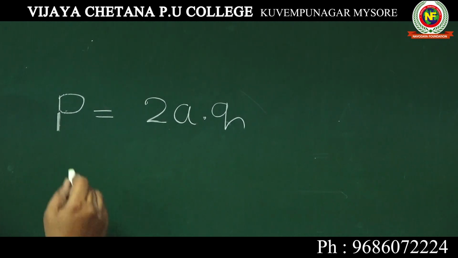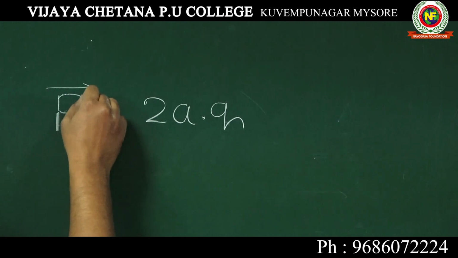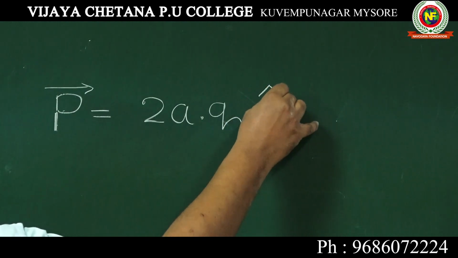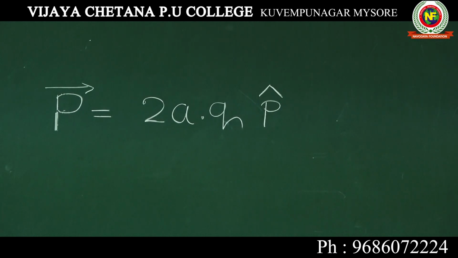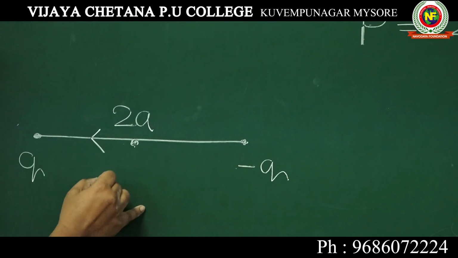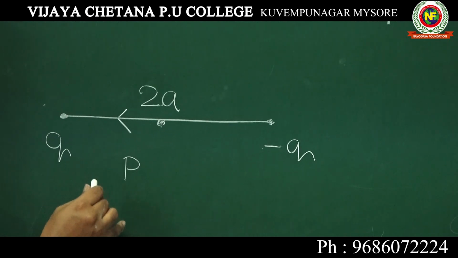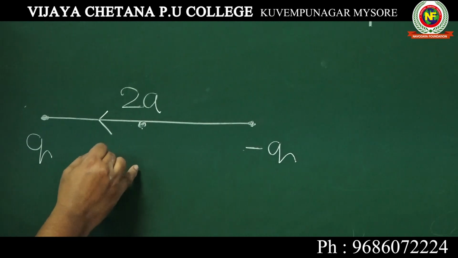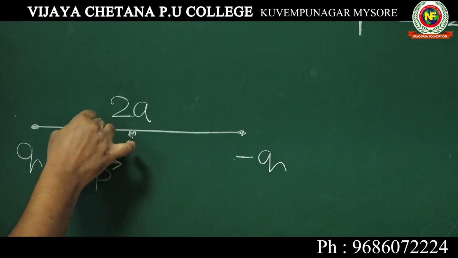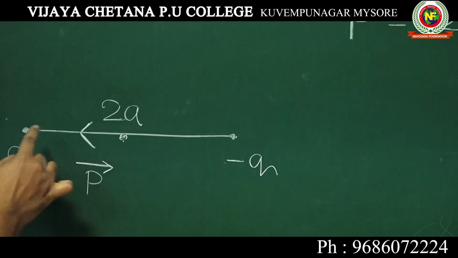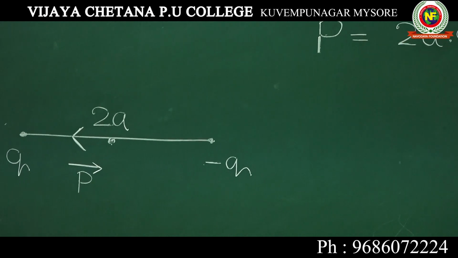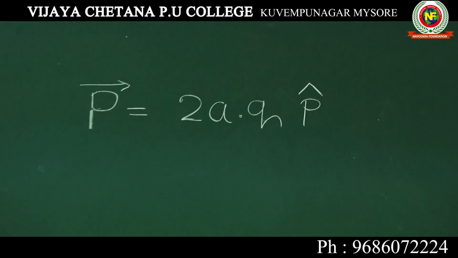dipole moment. Must remember, dipole moment is a vector quantity. That's why I multiplied by p cap. But what about the direction? Must keep this in mind. It's a defined quantity. Its direction has been defined from negative charge to positive charge. Dipole moment is directed always from negative charge to positive charge.